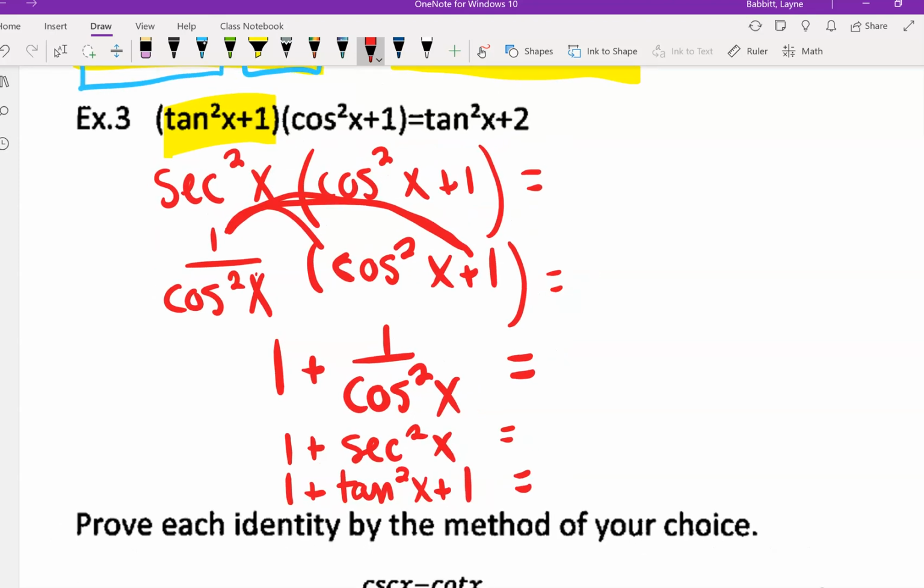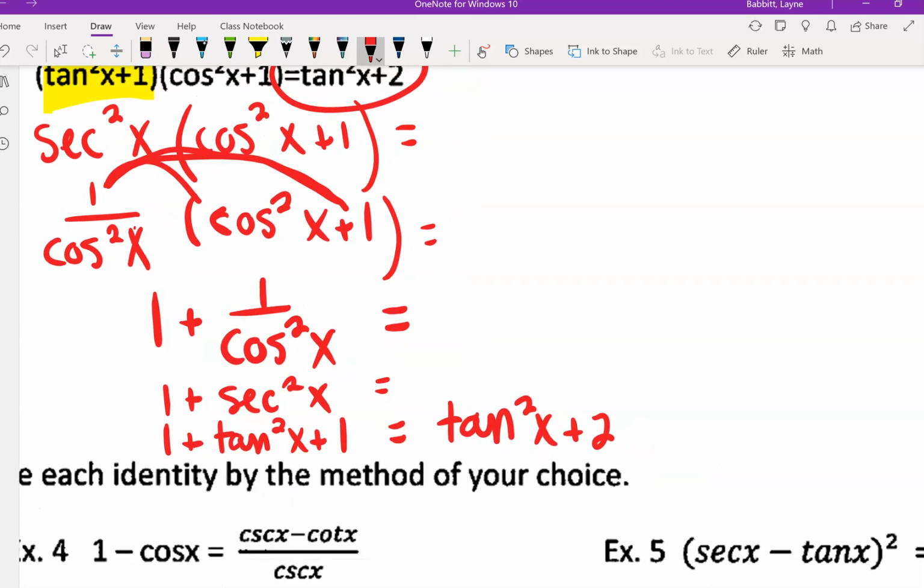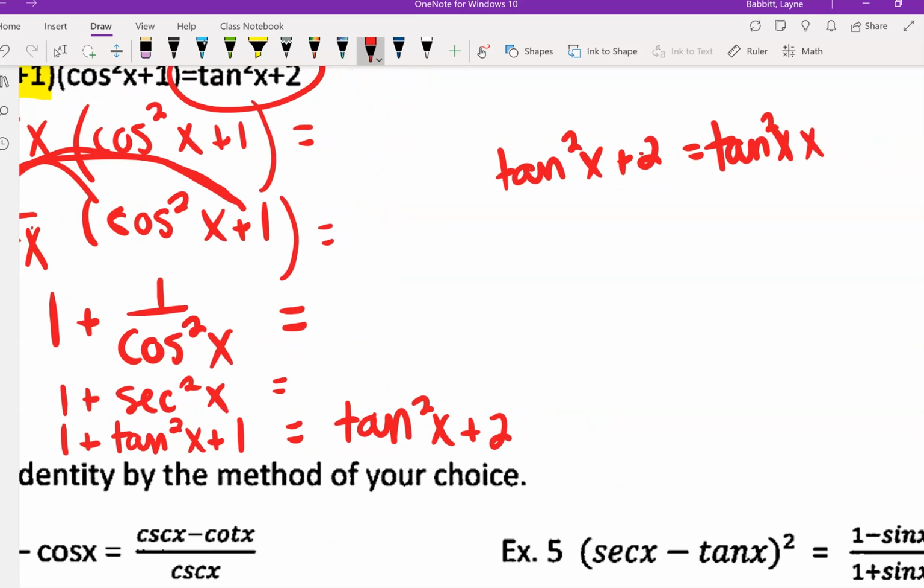Remember, we're trying to get that to equal the right side of the equation, which was tangent squared x plus 2. Well, we're pretty much there. Just combine the 1 on the front with the 1 on the back, and we're done. So tangent squared x plus 2 equals tangent squared x plus 2. And it worked.